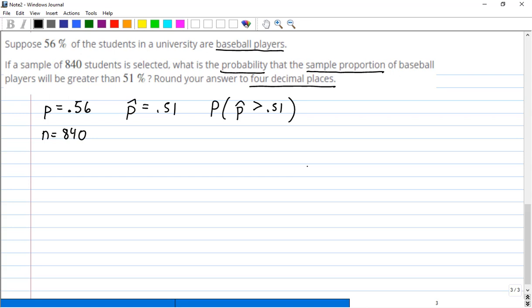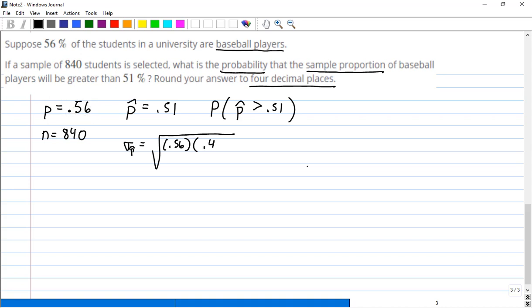All right, so to figure out our z-score, to standardize these values like we did with means, the first thing we have to do is figure out what's not given and what we have, which we've written down. I didn't see a standard deviation, so I need to figure out my sigma sub p hat. That's going to be the square root of p, so that's 0.56, times 1 minus p. So what's 1 minus p?